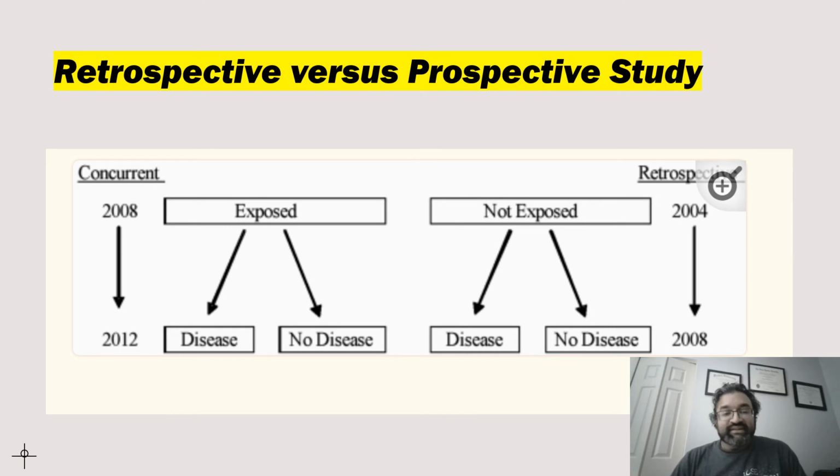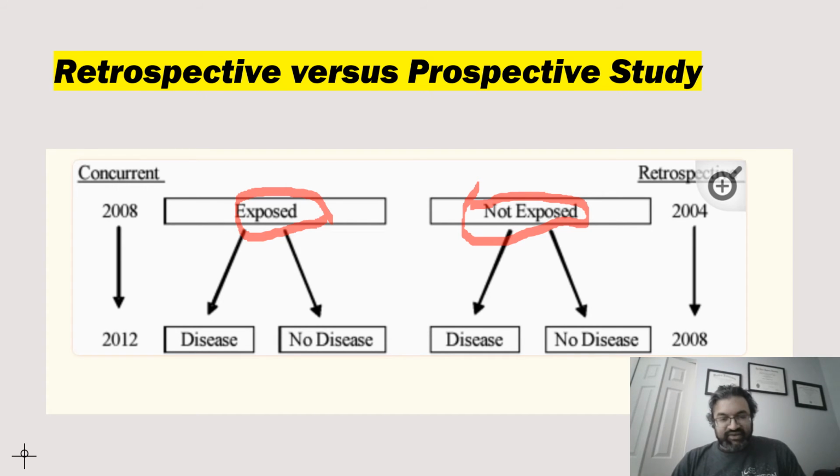Now in this, we're actually not going into prospective, just so that you know. Concurrent and retrospective are similar in type. It's just that concurrent typically starts with the exposed, and with retrospective you're supposed to start with the non-exposed. I don't think it's very important to distinguish between retrospective and concurrent. It's more important to distinguish between retrospective versus prospective.